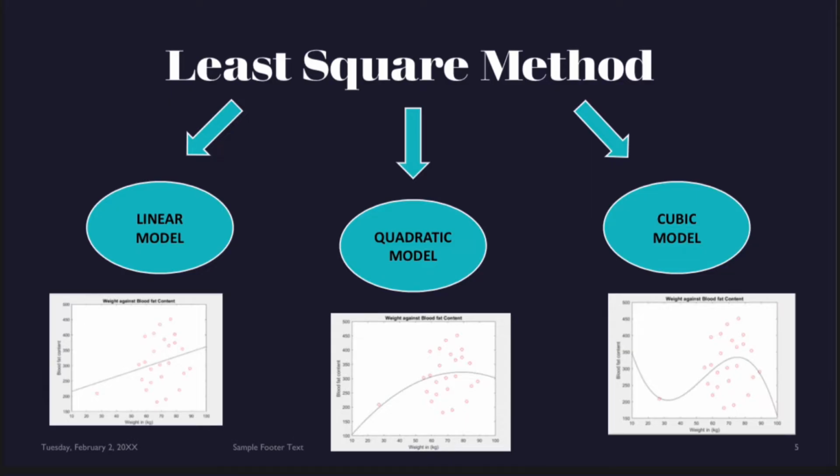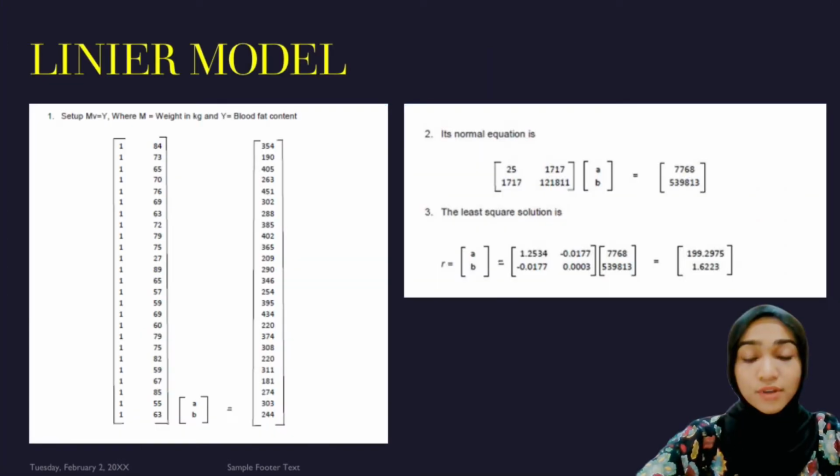There are three types of model used in this project: the linear model, the quadratic model, and the cubic model. For the linear model, first we must set up MV equal to Y, where M is weight in kg while Y is blood fat content.